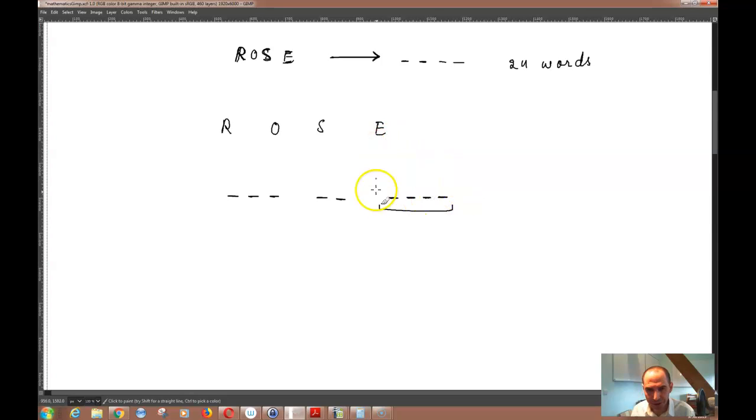So that's basically that. There are situations where the objects that you use are distinct, meaning that the 4 letters you use here, R, O, S, and E, are of course distinct letters.